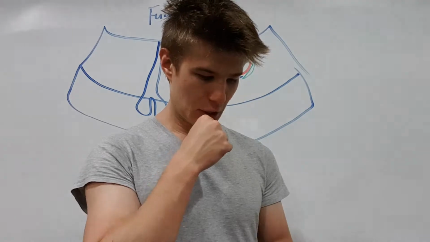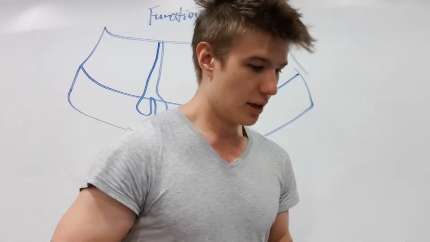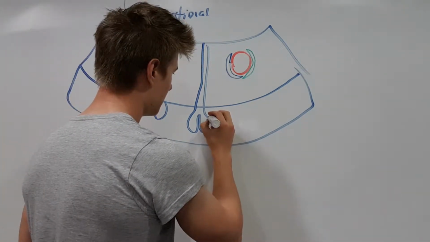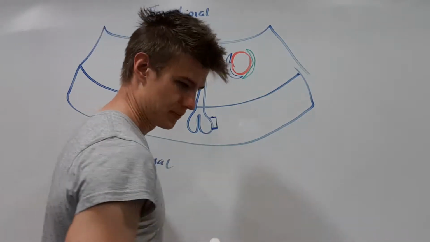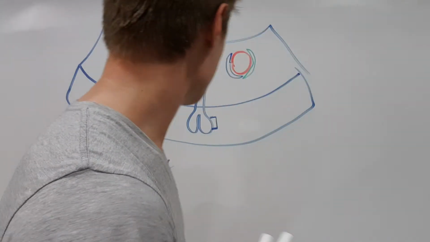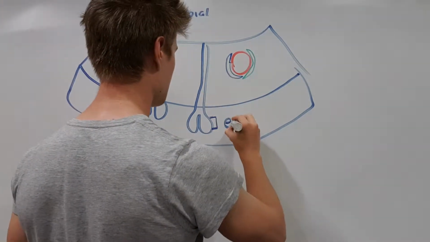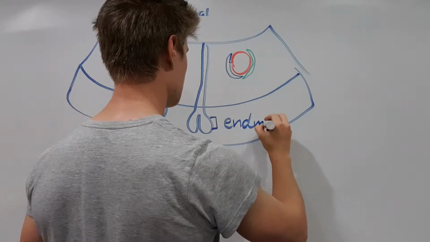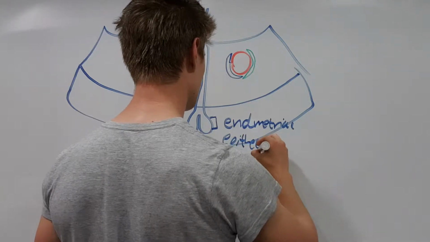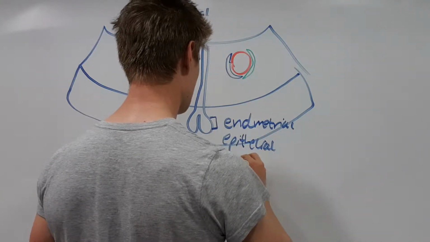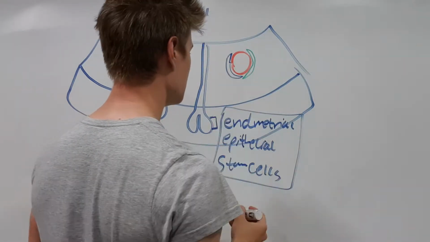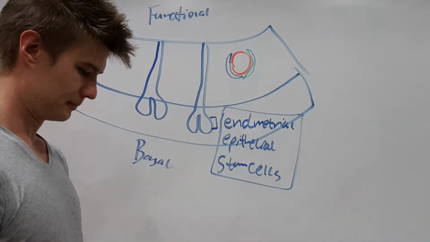Okay, so what are the 3 kinds of stem cells, Ryan, you ask? And rightly so. The three kinds of stem cells are endometrial epithelial stem cells. I think I got that right. Yes, endometrial epithelial stem cells, which is cool.